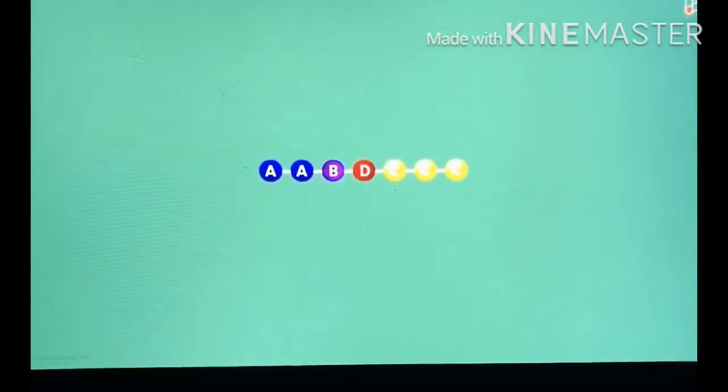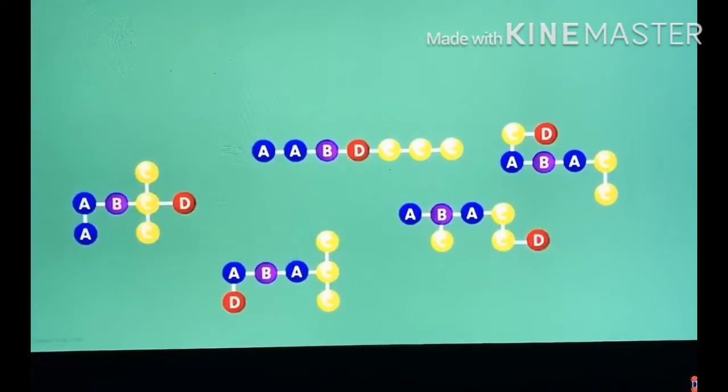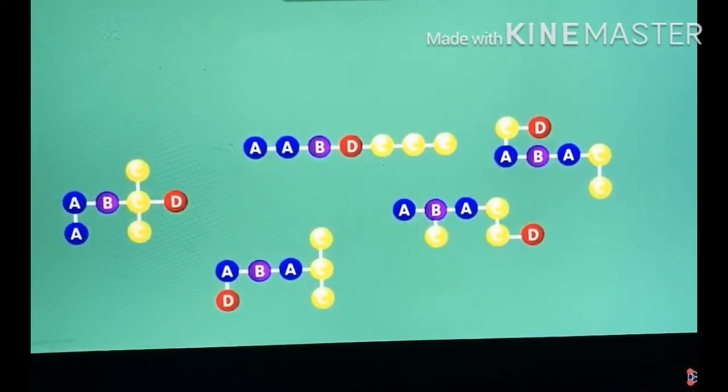For the sake of understanding, let us assume we have a compound like this. There are 2 atoms of A, 1 atom of B and D, and 3 atoms of C. Now look at this structure. The number of atoms of each element is the same, but the structure is different. There could be many more combinations that could rise if we rearrange the atoms. All these structures can be called as isomers of each other.